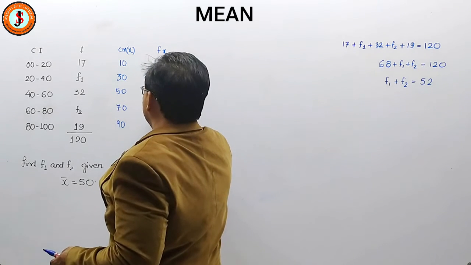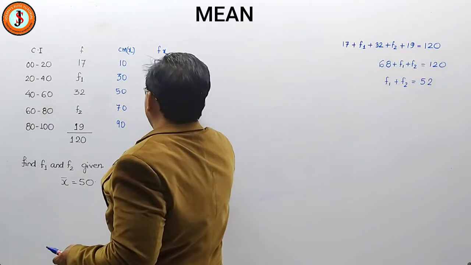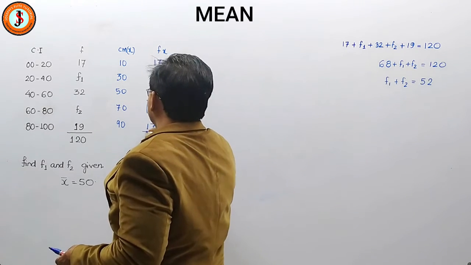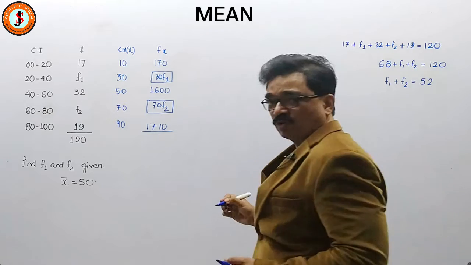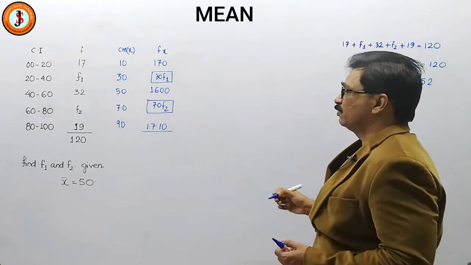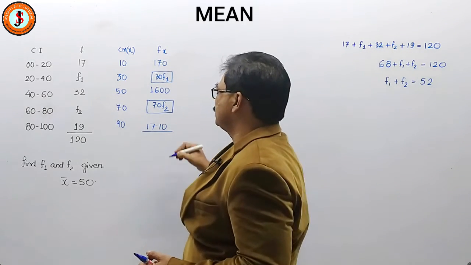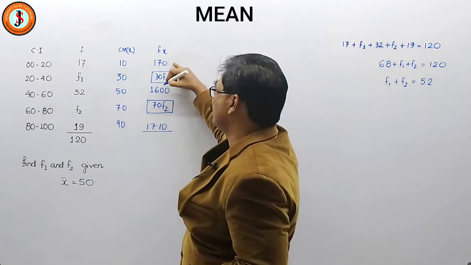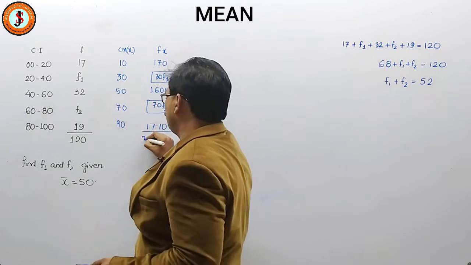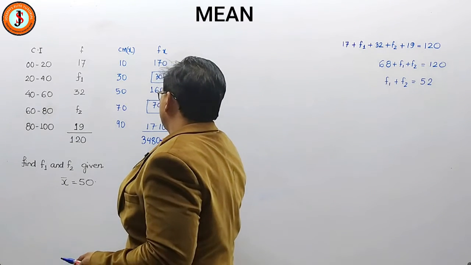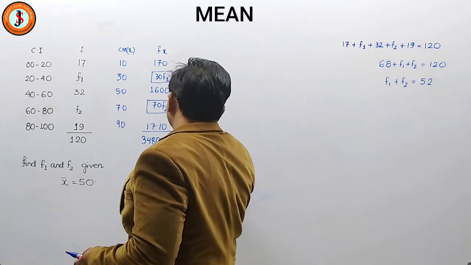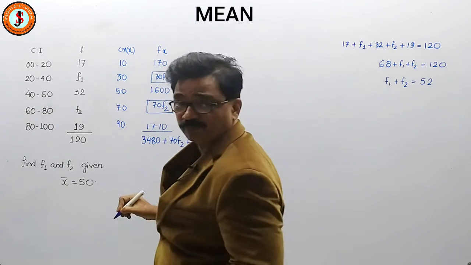Then 70 F2, and now 19 times 90 is 1710. So we get the fx column. Now let us calculate: 1600 plus 1700 is 3300, then 3410 and 3480, plus 70 F2 and 30 F1. So this is the sum.